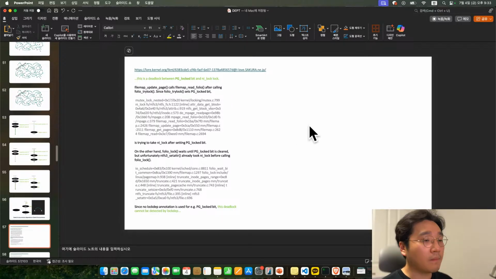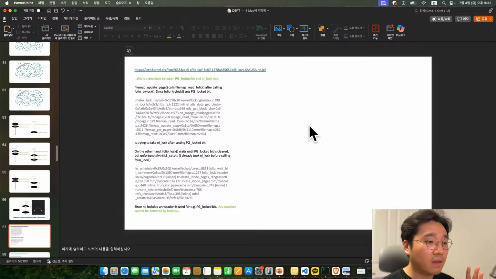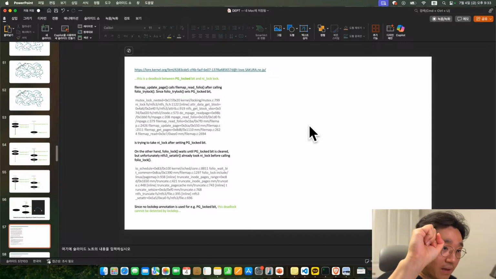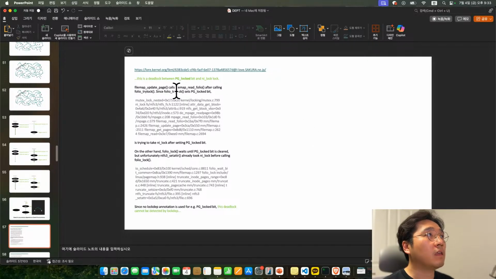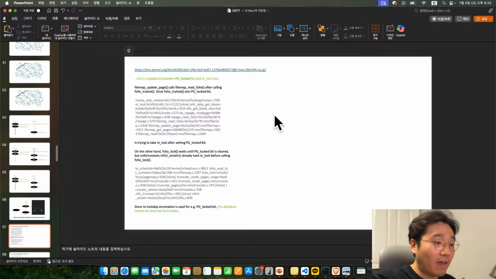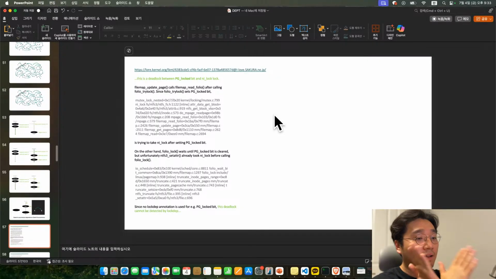Lockdep does not draw a dependency graph for the waiter. It focuses on locks, not the waiting context, right? So with this folio trylock, there is waiting for an event. This is not a lock, right?